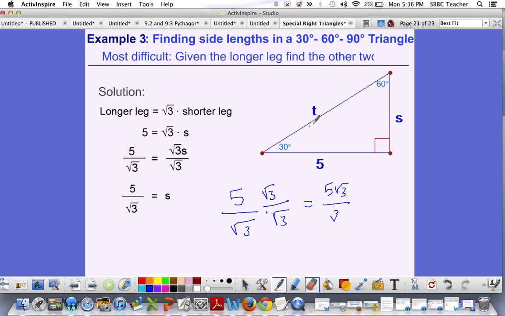Now, how would we get t? Remember, t is the hypotenuse, and the hypotenuse is always twice the length of the shorter leg. So we do 2 times 5 radical 3 over 3, and we get 10 radical 3 over 3. That's the length of the hypotenuse t.